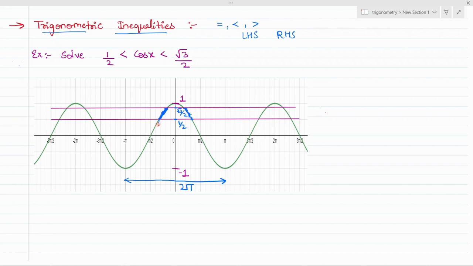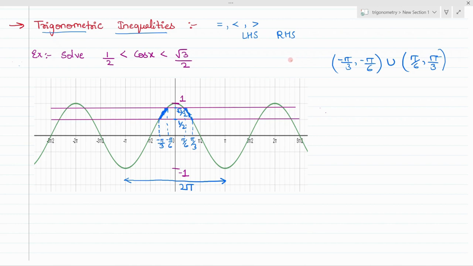Here the value will be minus pi by 3 and here it's minus pi by 6. Similarly, here it is pi by 6 and this is pi by 3. So the range can be written as minus pi by 3, comma, minus pi by 6, union pi by 6, comma, pi by 3.